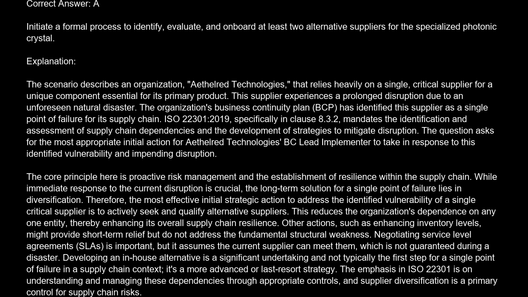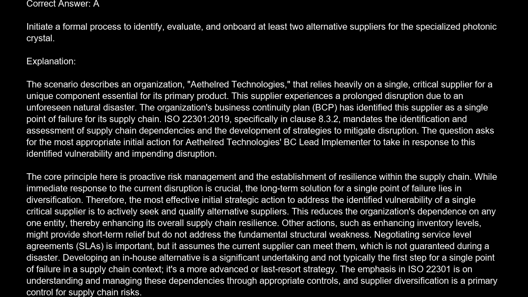The core principle here is proactive risk management and the establishment of resilience within the supply chain. While immediate response to the current disruption is crucial, the long-term solution for a single point of failure lies in diversification.